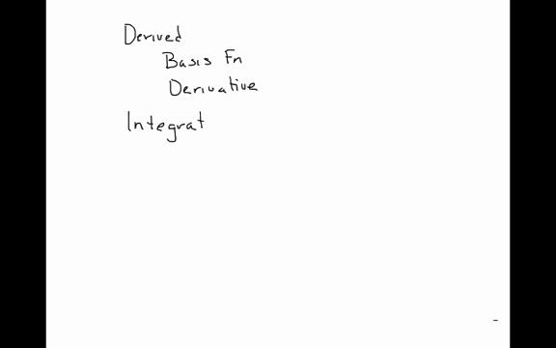In the previous video, we derived the expressions for the basis functions and for the derivatives that we will need for our discrete approximation. Now we need to think about integration.